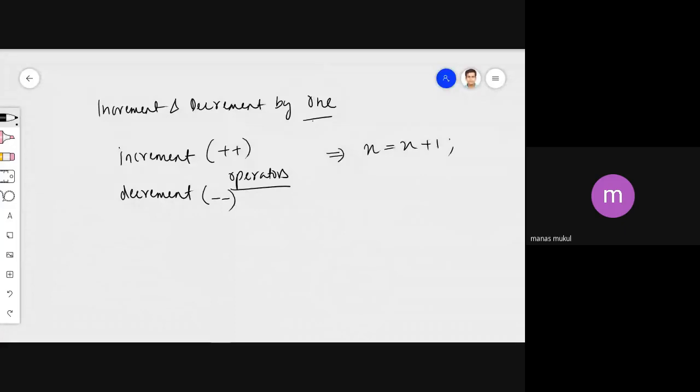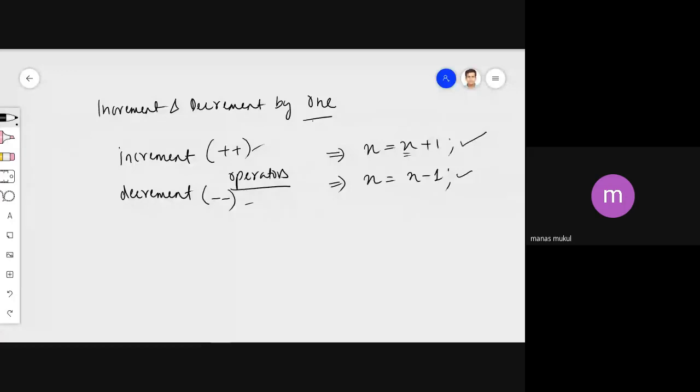Now in both these expressions, you will notice that we are trying to add only one. Okay, so these increment and decrement operators can handle these kind of issues.